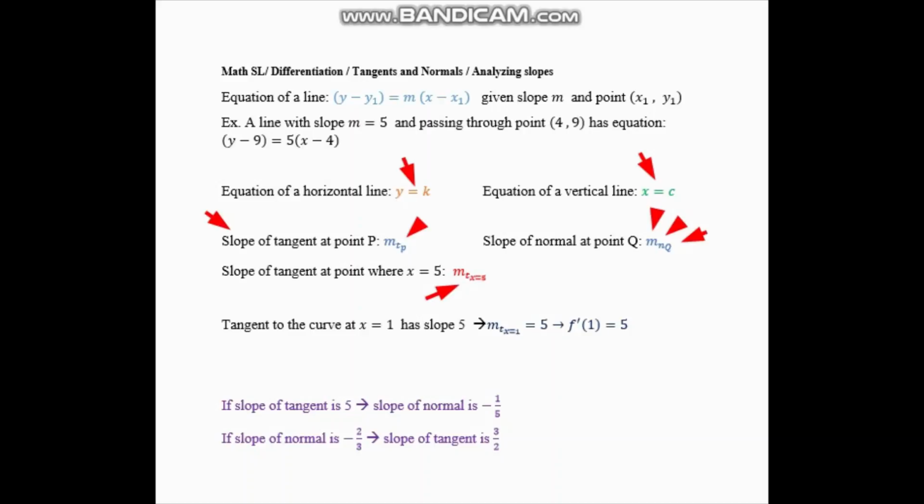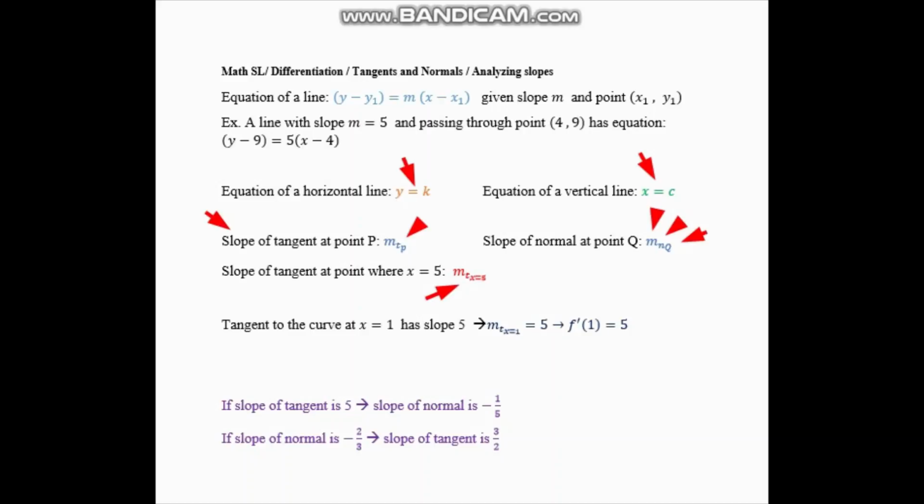So that means that I want the slope at the point where x equals 5. We can refer to this as the slope of the curve or the slope of the tangent to the curve. They mean the same thing. However, if I'm talking about the normal, then I cannot say the slope of the curve. I have to say the slope of the normal to the curve at the point where x equals 5.